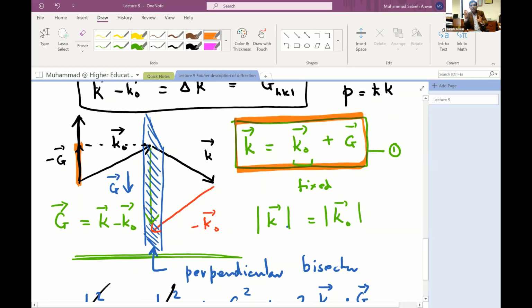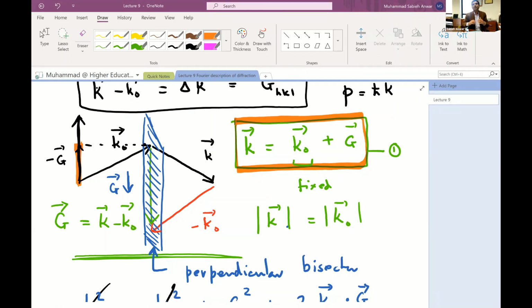A particle of momentum K naught collides with a particle of momentum G. If momentum is to be conserved, then the new particle which comes out from the combination of K naught and G, from the merging of these two particles, must have a momentum K. And the momentum K is the vectorial sum of the momentum K naught and G, because this is a process that conserves linear momentum.